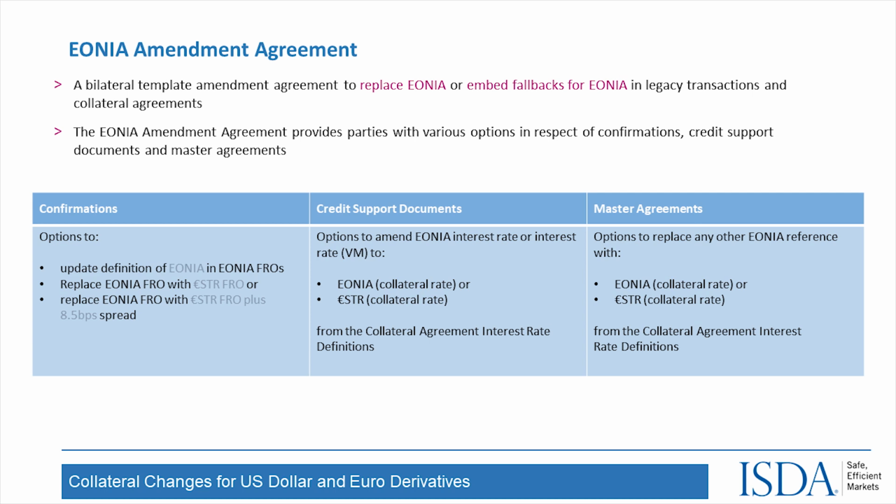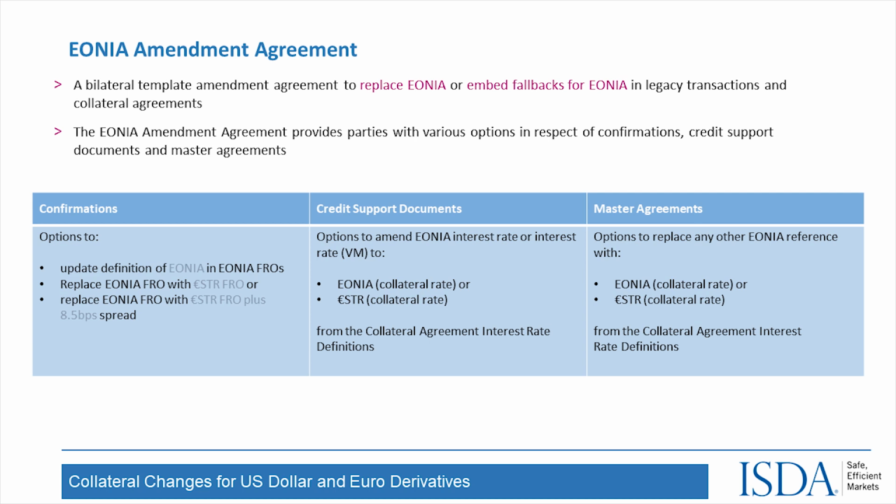These floating rate options were updated last year to embed fallbacks via Supplement 60. So what firms could do is update those IONIA floating rate options to the floating rate options as set out in Supplement 60, thereby embedding fallbacks into their confirmation.